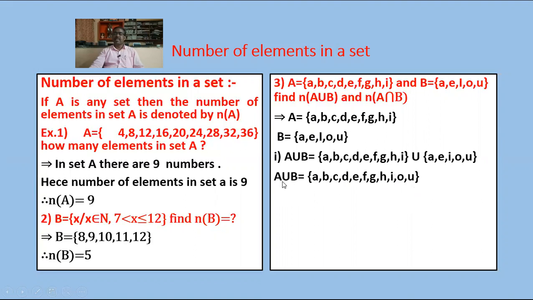How many elements in A union B? When you count, 1, 2, 3, 4, 5, 6, 7, 8, 9, 10, 11. Therefore, n(A union B) is equal to 11.